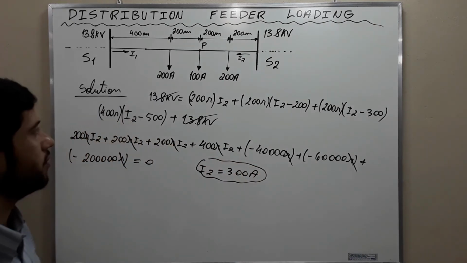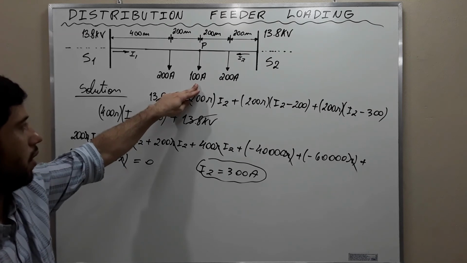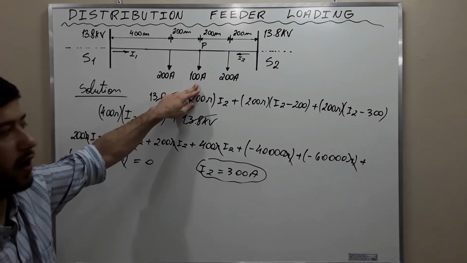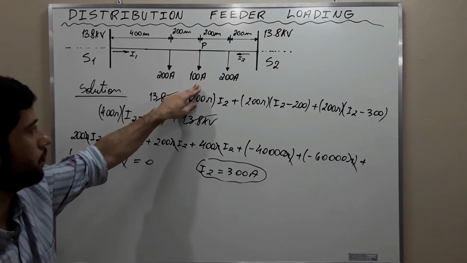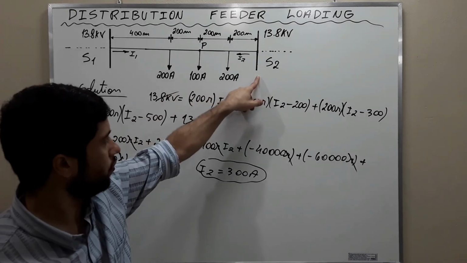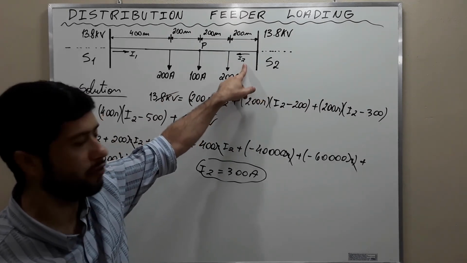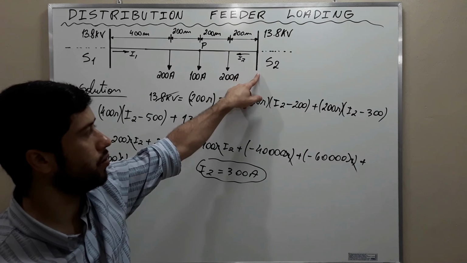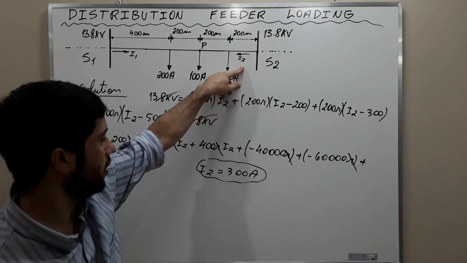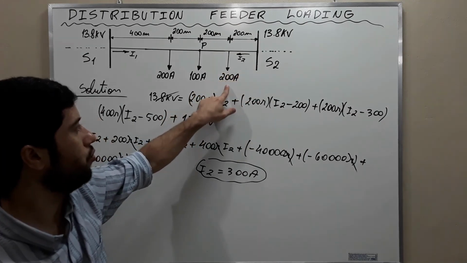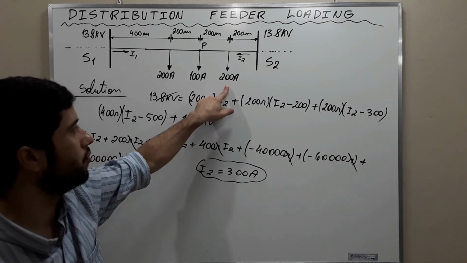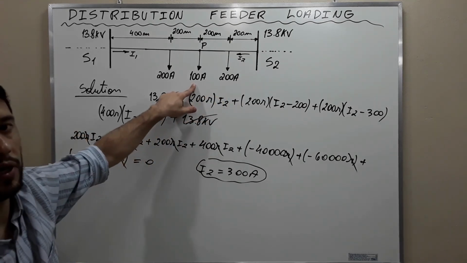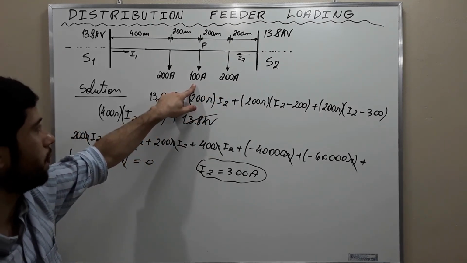We are interested in knowing the contribution of S2 to this point here. S2 begins with 300 amperes. This current here, I2, the contribution of S2, begins as 300 amperes. 200 amperes goes to this load and the rest, 100 amperes, goes to this load.